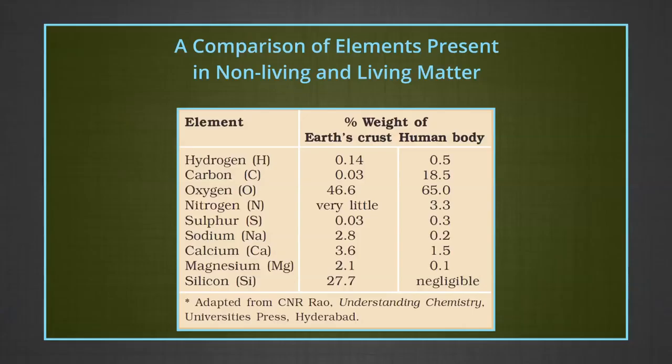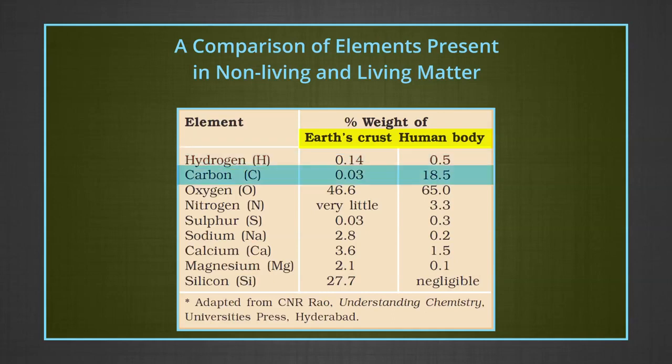Have a look at the comparison of elements present in the non-living matter and living matter. Here is a picture that depicts percentage weight of earth crust and human body. The hydrogen atom is 0.14% weight of earth crust, and in human body it is 0.5%.